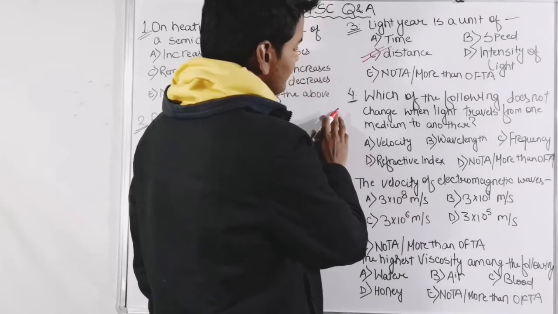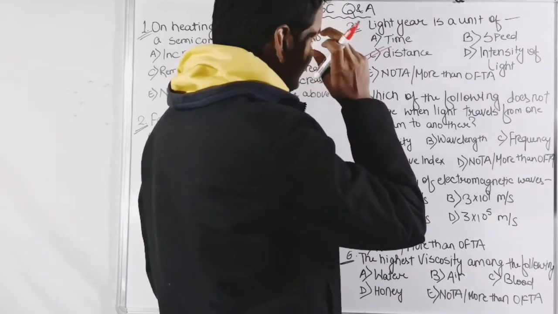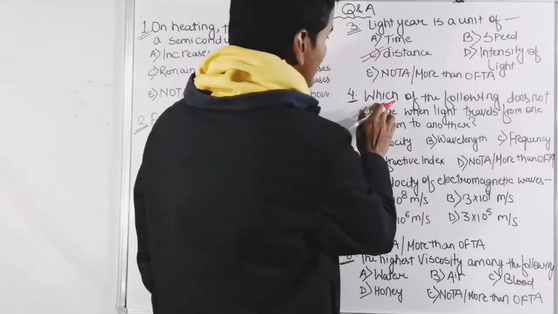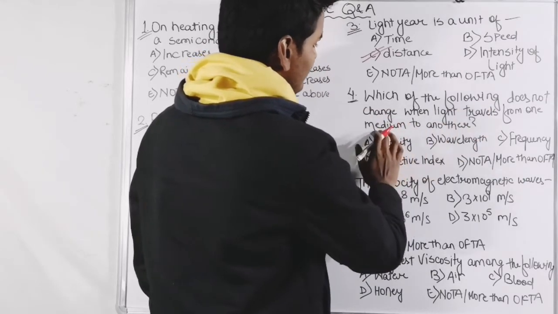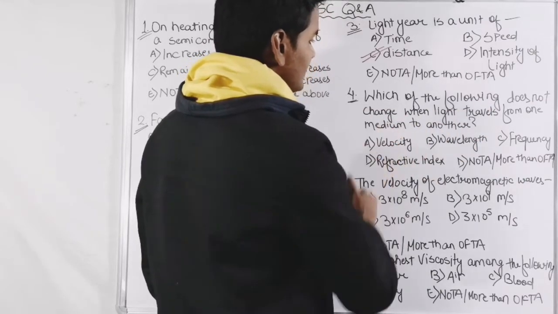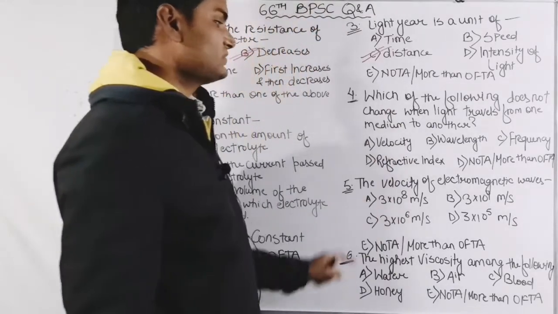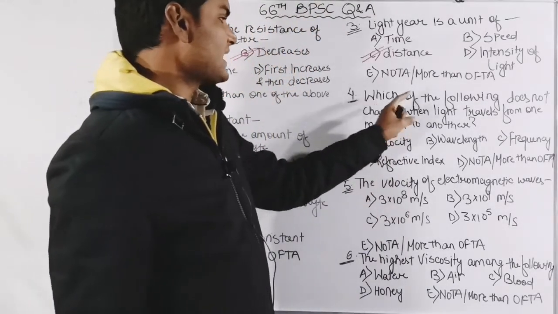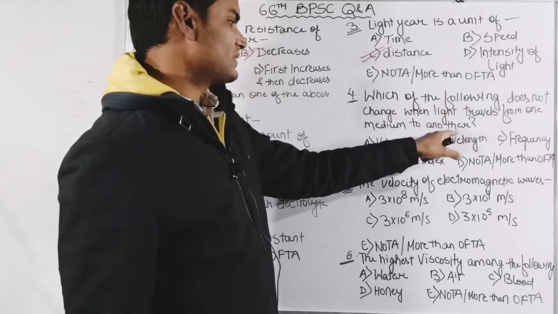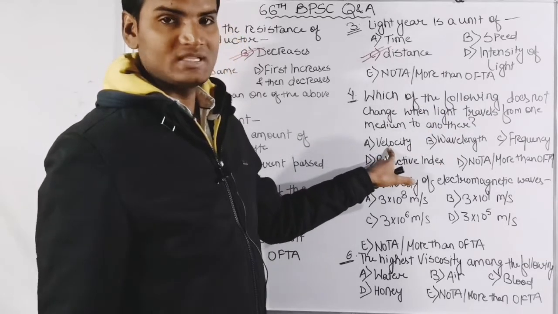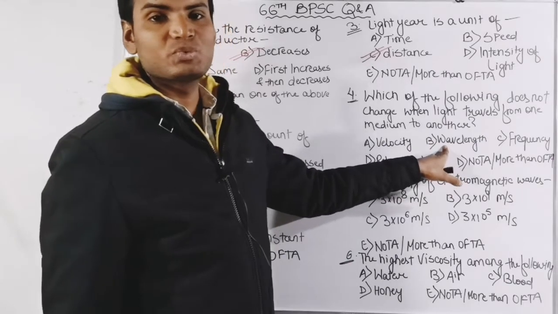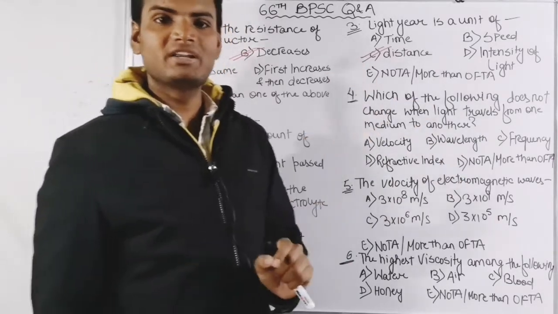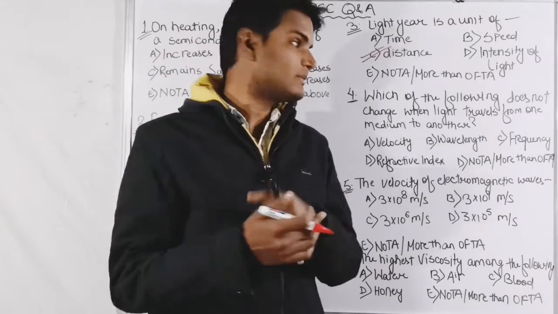Now question number 4 that was asked in that BPSC prelims exam was, which of the following does not change when light travels from one medium to another? So there is a trick in this question. When light travels from one medium to another, its velocity will change. Its wavelength, of course it will change, because when you go from denser to rarer medium, its velocity and wavelength will change.